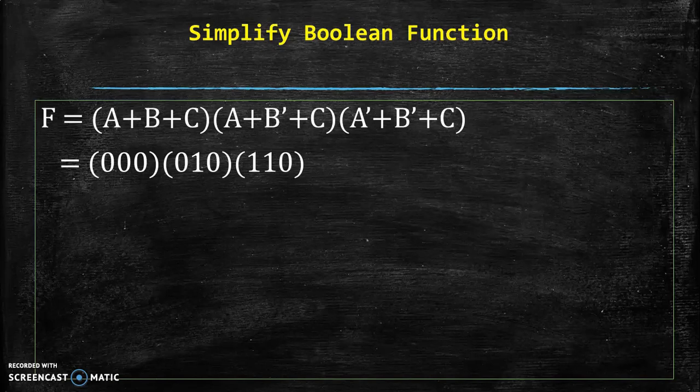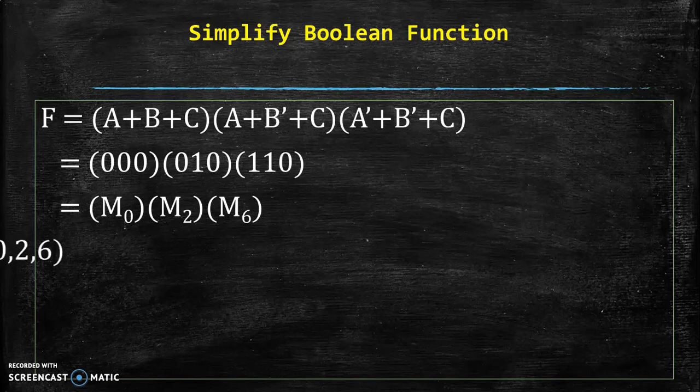A bar plus B bar plus C can be written as 1 1 0. So if we write max terms, it can be M0, M2, M6, and it can be written as pi of max terms, capital M, 0, 2, 6.